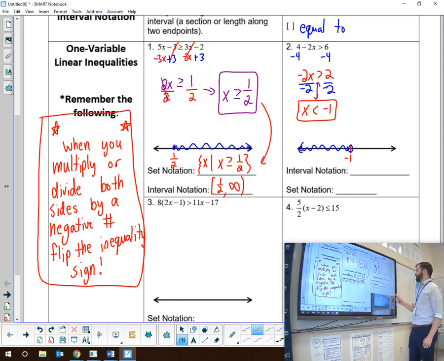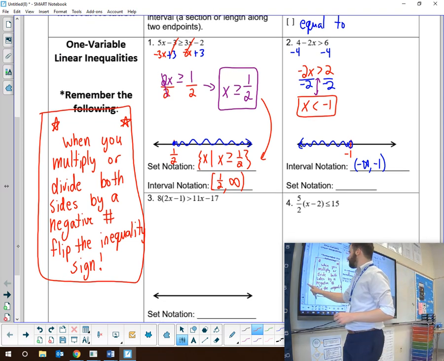In interval notation, be careful, these two are switched. Set notation, interval notation, just to keep us on our toes. In interval notation, we're going to start off with negative infinity, right? It goes negative infinity and it goes all the way to -1 and it stops. And it's another parentheses. Because it is not equal to -1, it's just a parentheses.